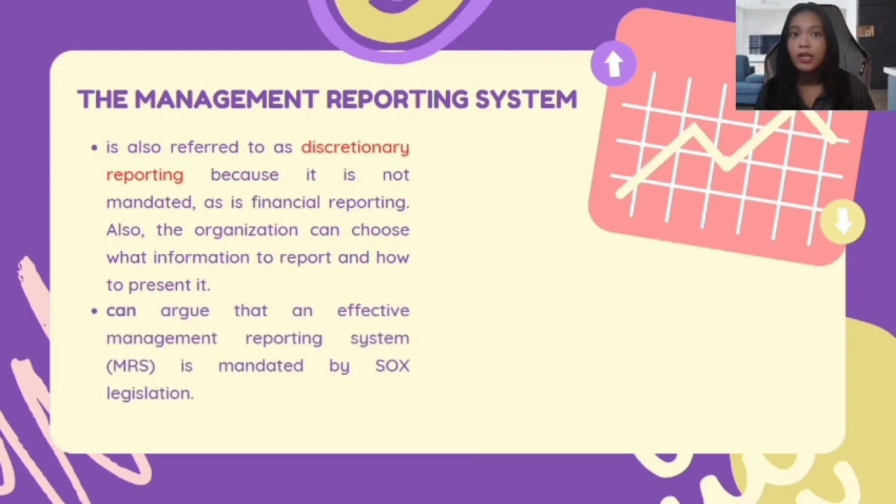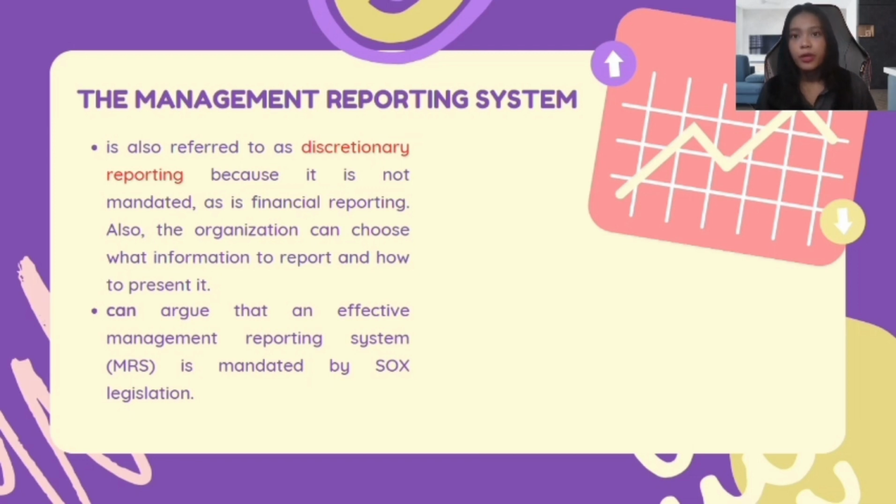However, we can argue that an effective management reporting system, or MRS, is mandated by SOX legislation, which requires that the effectiveness of internal control over the financial reporting be monitored and reported on by all publicly traded companies.